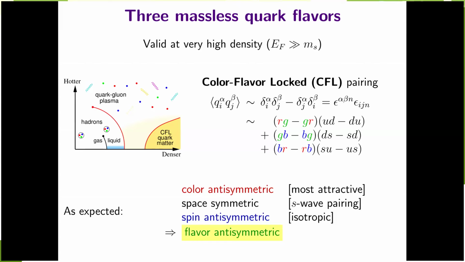But do you have the gauge invariant kind of order parameter for this phase? So this phase is a superfluid. So there is a gauge invariant order parameter. It corresponds to the condensation of a dibaryon. It's the same operator that you would get if you were looking in a hadronic phase at baryon-baryon pairing. Okay. So you would not necessarily be able to distinguish this phase from the order parameter.